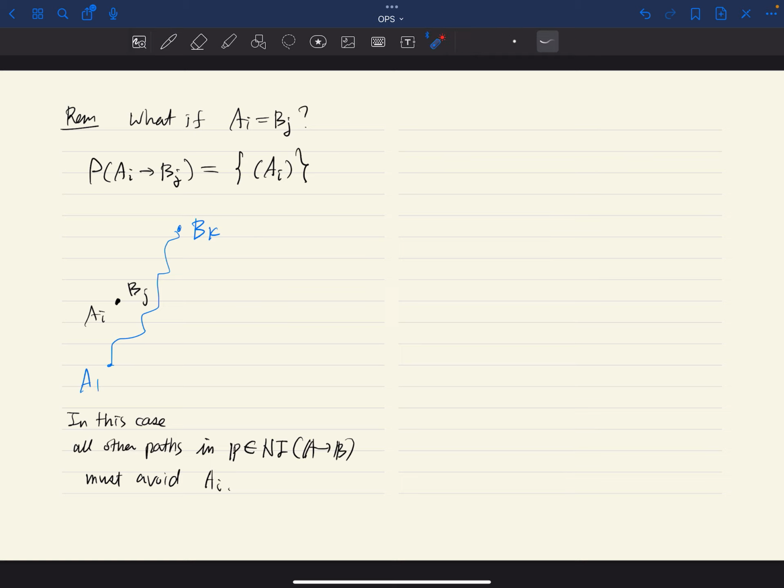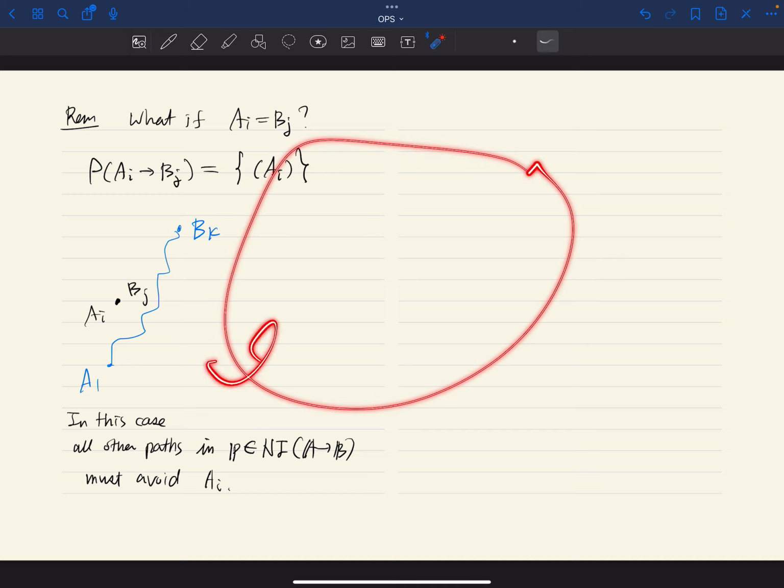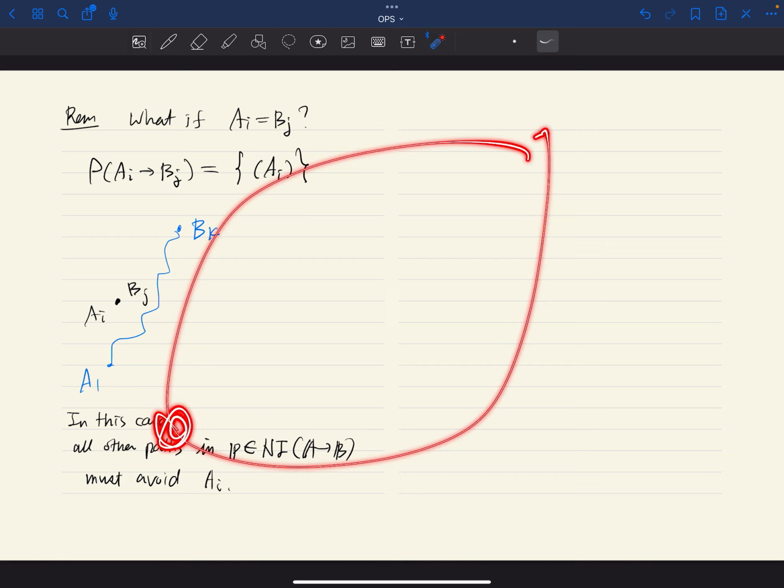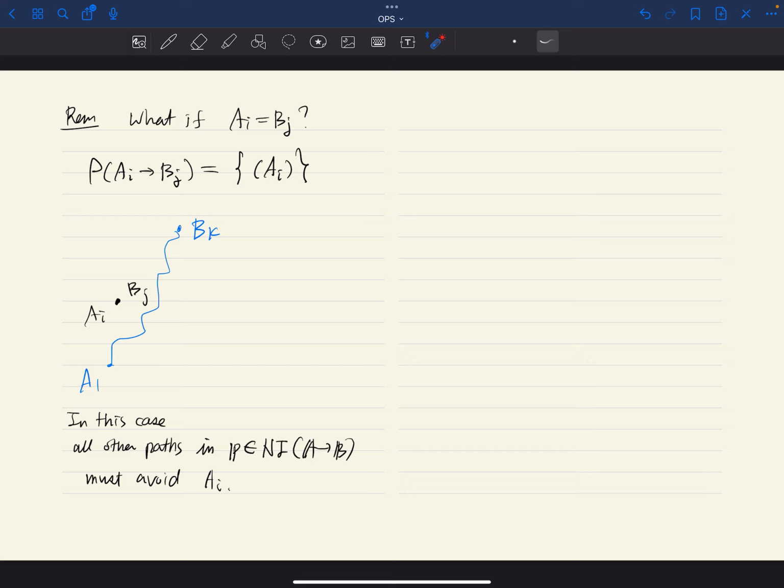It must go somewhere other than this. It must not touch that. And because of this, we can actually find a number of paths. So we want to count the number of paths from here to here, avoiding a given list of points. We can do that using this idea. That will be one of the homework problems.